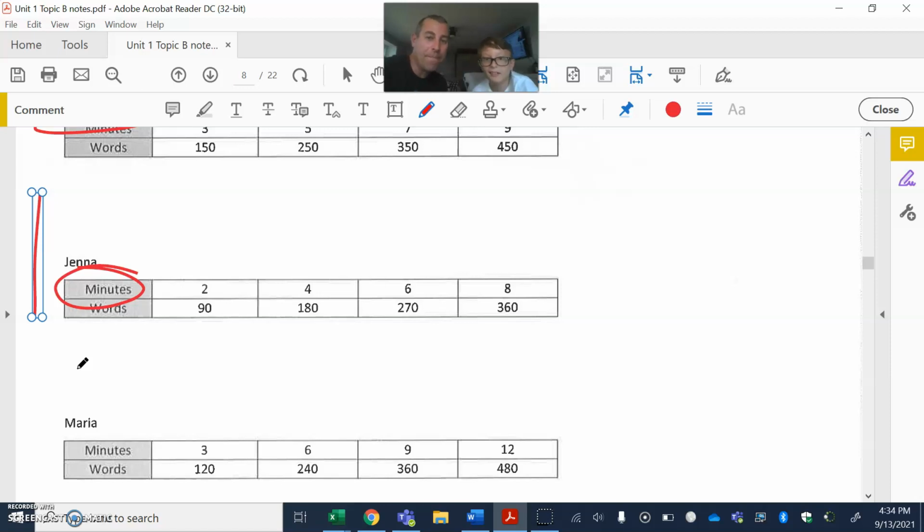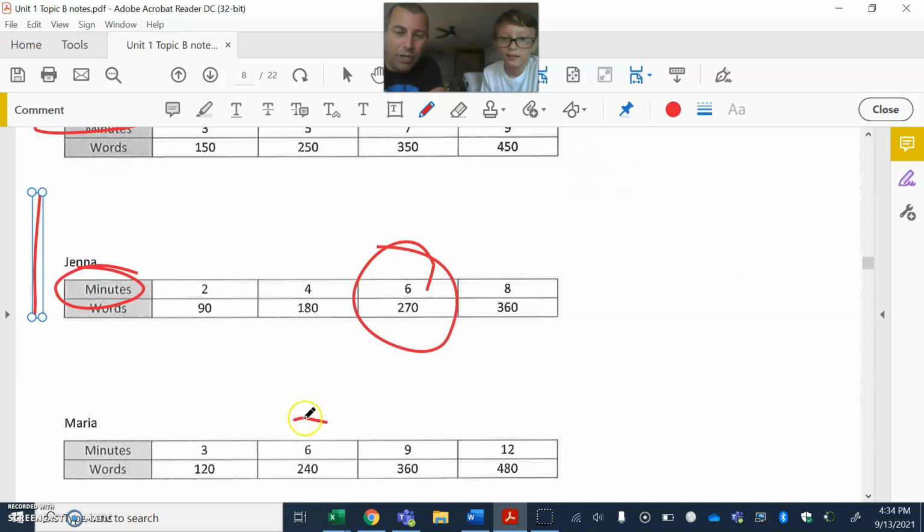Yes. What do you see? I see 2 6s. Yes, here we go. So because it's the same minutes, now we can compare. Jenna can type 270 words, whereas Maria can type 240. So, hey, Jenna can type more words.